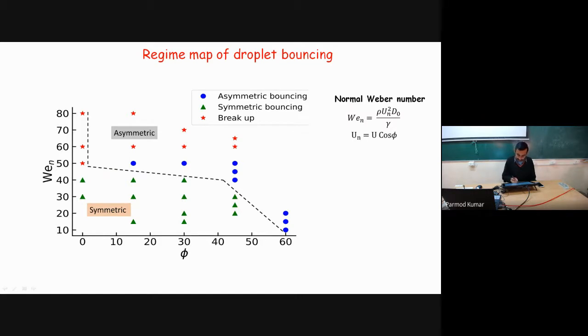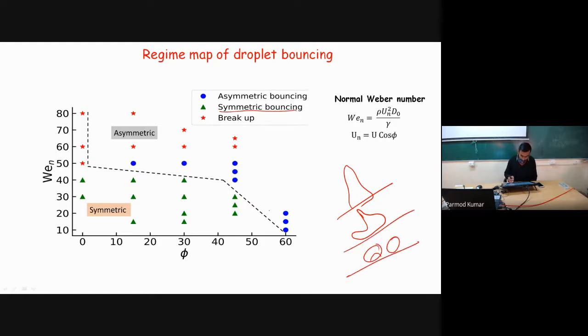In some cases, we have symmetric bouncing, when the drop is bouncing with a symmetric profile of the jet. In some cases, we have asymmetric bouncing, where the drop is taking a very random type of shape, and in some cases we are having breakup of the drop into two parts while it is leaving the surface.